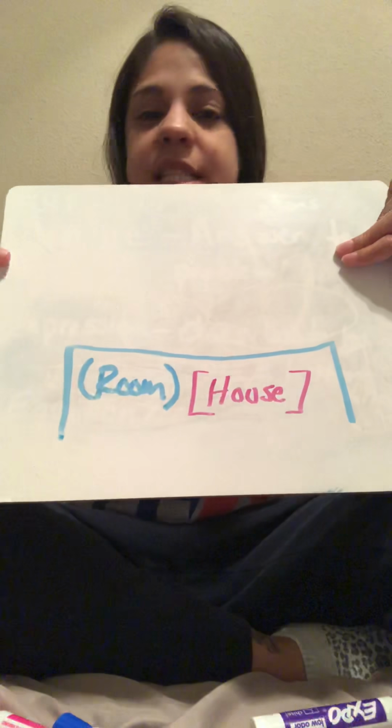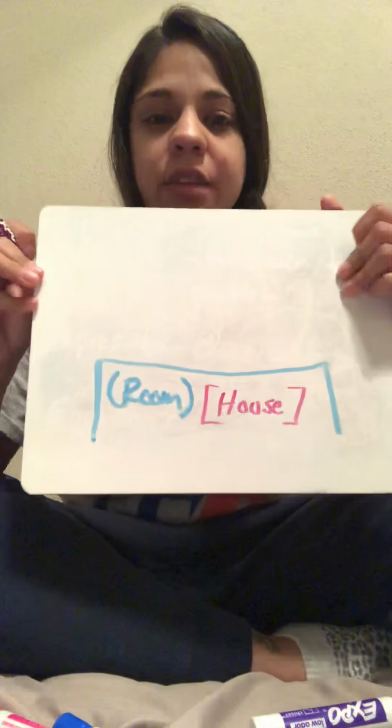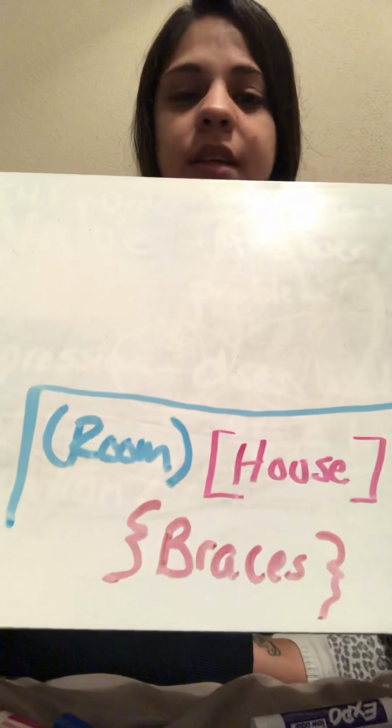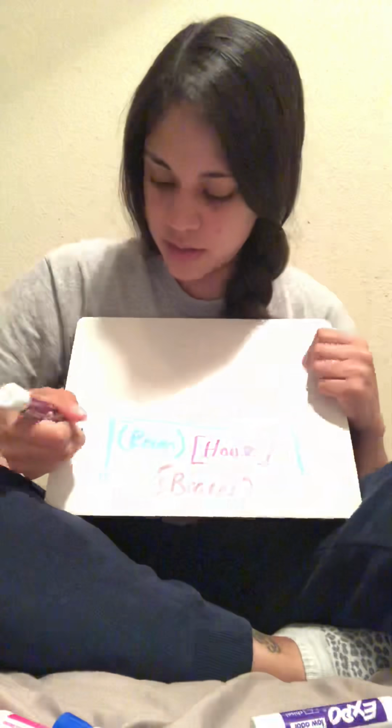So that's where the braces come in. You rarely see the braces in 5th grade, but you just have to be ready for anything that they throw at you. My braces aren't that pretty, but you know what I mean. Now this is your first layer.